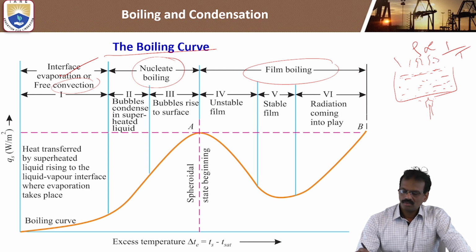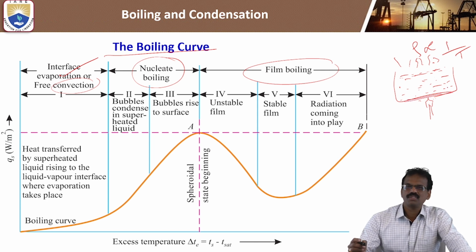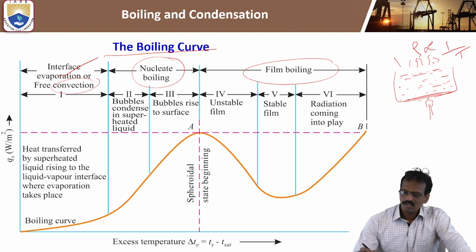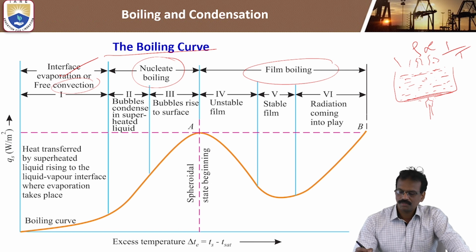For boiling, the condition on temperature is that the temperature of the solid surface must be greater than the saturation temperature of the water. When the temperature of the solid surface is greater than the saturation temperature of water, we will see the boiling process. Otherwise we will see only the natural convection process.